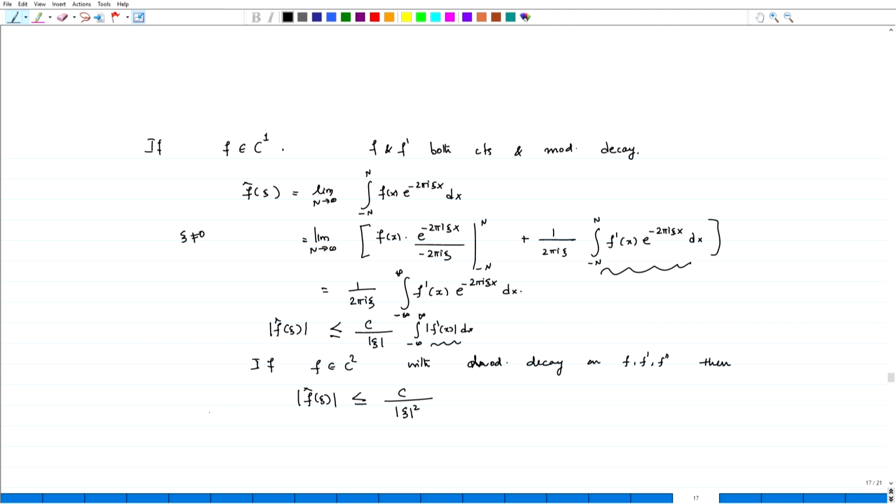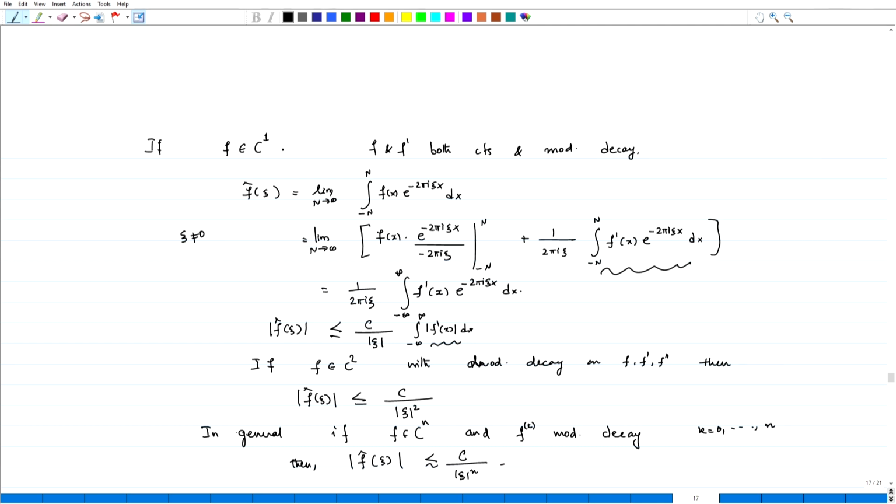So in general, if f is in C n, n times differentiable, and all the f to the k, for k equal to 0 to n, have moderate decay, then we get mod of f hat of xi is less than or equal to some constant times mod xi to the power n, for large xi. Okay, so that is what we have seen.